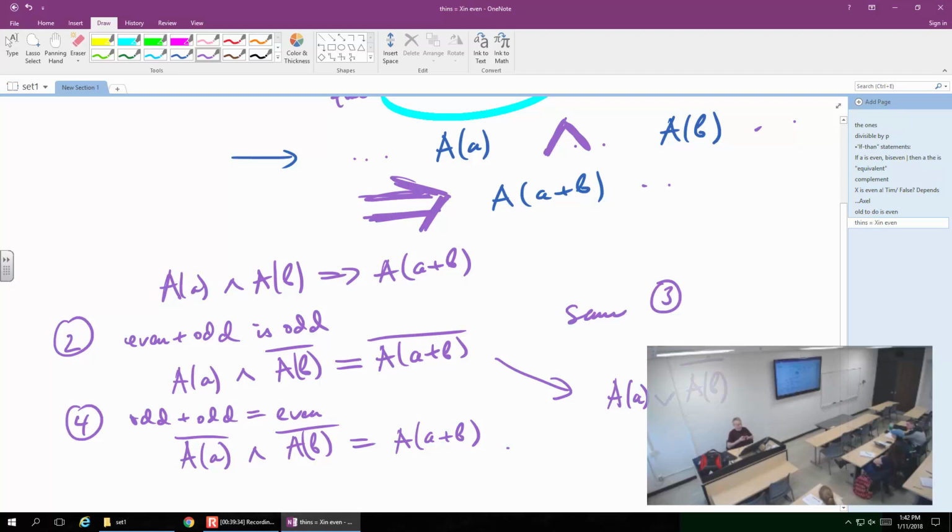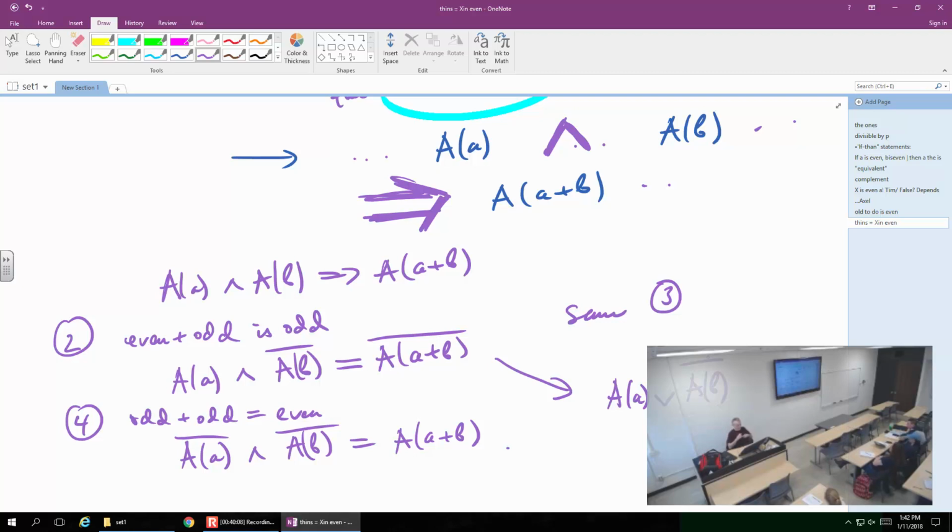In other words, can you translate this statement that I already have into plain language? The new one, yes. A is even or B is not even. There is really nothing there.